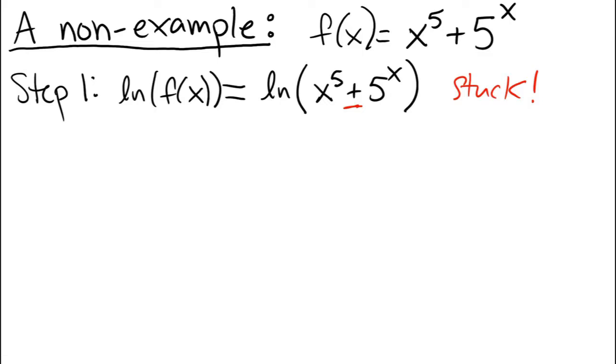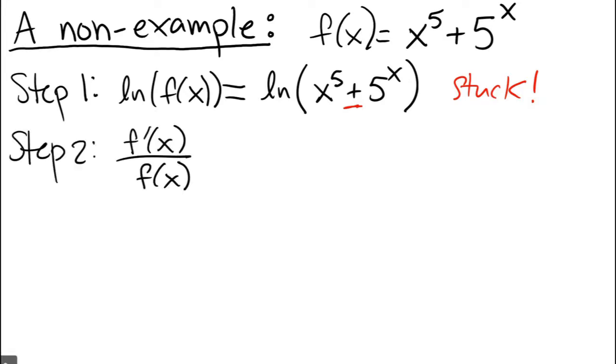So we just have the natural log of f of x. Moving on to step 2, when we differentiate, we get f prime of x divided by f of x as always. And now what happens when we differentiate the right-hand side? Well, we're differentiating log of something, so whatever's inside goes in the denominator.